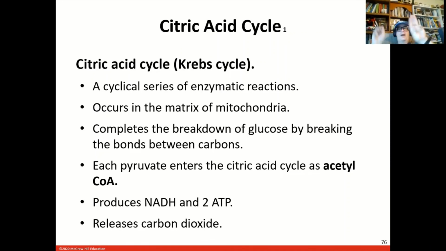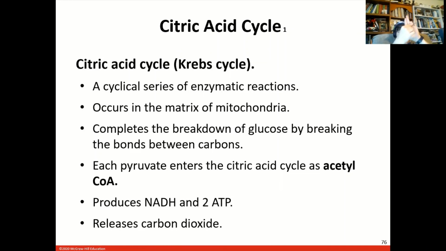So each pyruvate is going to go into the Krebs cycle as an acetyl group, a 2-carbon, that we attach to coenzyme A. And when we do this, that's the first time we generate carbon dioxide.